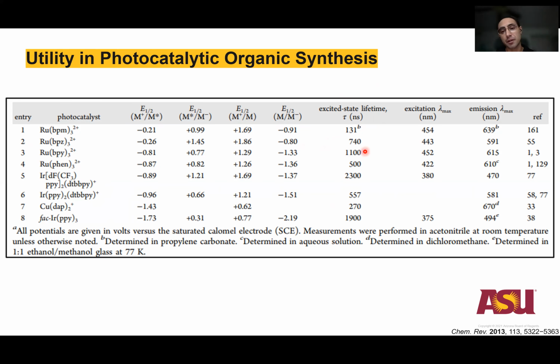Some of them have quite long-lived excited states. We've even gone past Ru(bpy)3 with some of these iridium catalysts. These excited state lifetimes were measured using transient absorption spectroscopy, so that's where that fits in. And of course, all these redox potentials were generated using cyclic voltammetry.